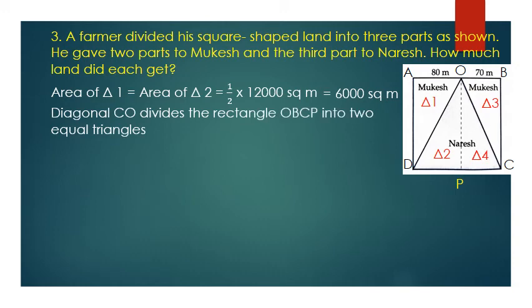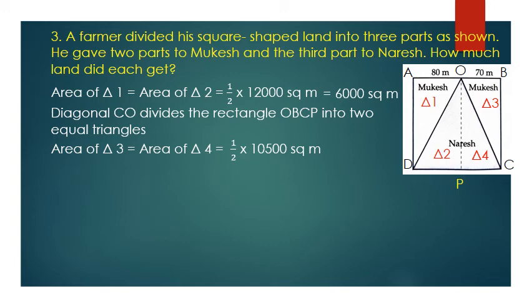Now, diagonal CO divides the rectangle OBCP into two equal triangles, which are triangle 3 and triangle 4. So, the area of triangle 3 is equal to the area of triangle 4, which is equal to 1 by 2, or half, the area of the rectangle OBCP, which is 10,500 square meter.